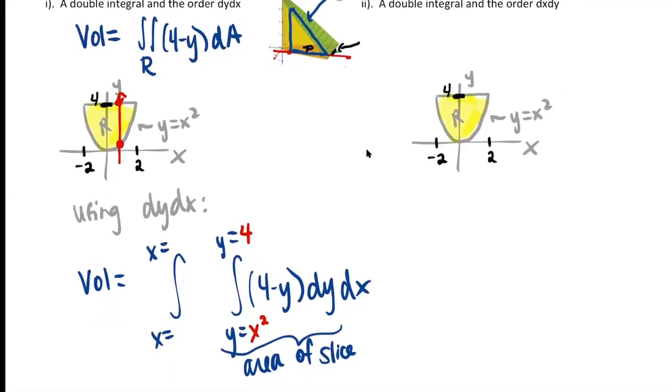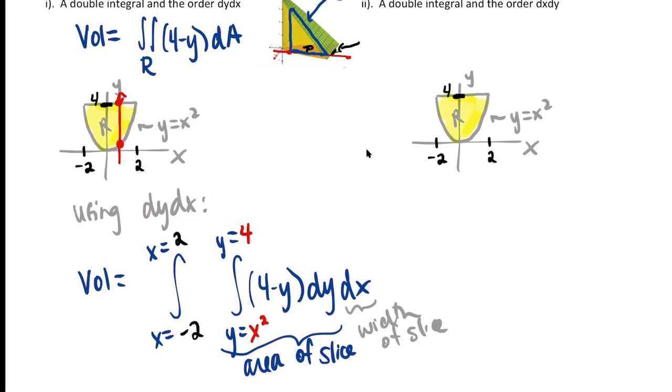I'm multiplying by a tiny little width of slice, so that I can imagine getting the entire volume of this region. And I'm adding that up where x is between -2 and 2.